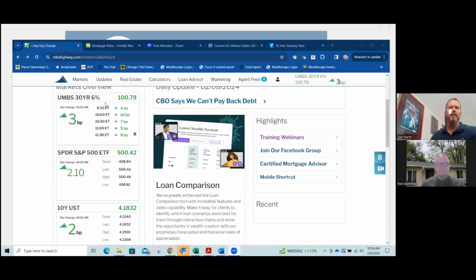So that's what this chart is right here. You can see we're up 3 basis points. When that's green, that's good. If this all of a sudden gets red and shows, let's say, 25 basis points in red, I might need to lock your loan, because that could trigger mortgage lenders to reprice for the worse. So if we're in the green, maybe we just float and we watch this. Sometimes we can save 1/8 or 1/4% by really tracking this mortgage-backed security ticker.